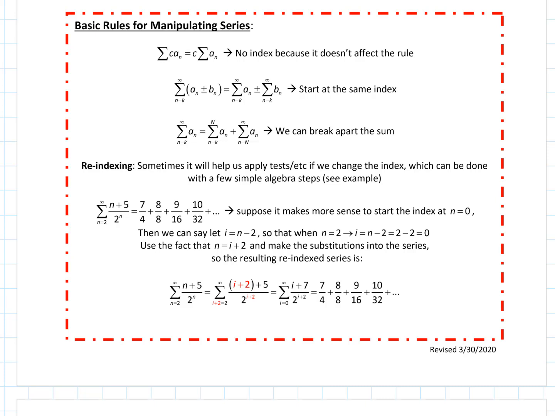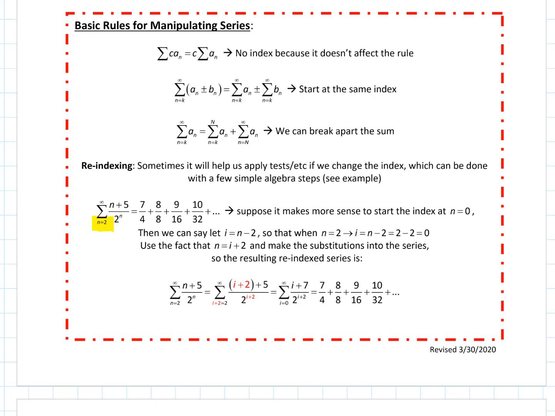All right. Another thing we can do is some re-indexing. Sometimes that helps us when we're looking at these series. For whatever reason, we might prefer the index to start at a different number. So notice on this example I have here, the index is starting at 2, and this is the series n plus 5 over 2 to the n.